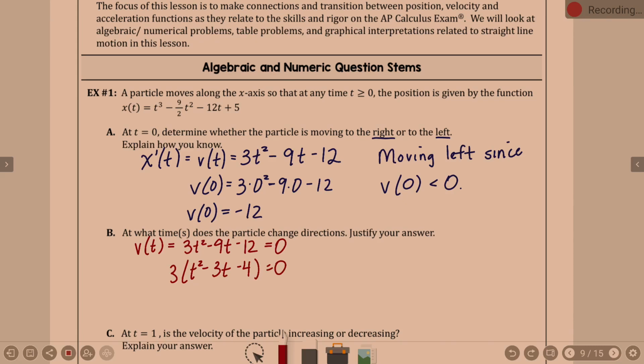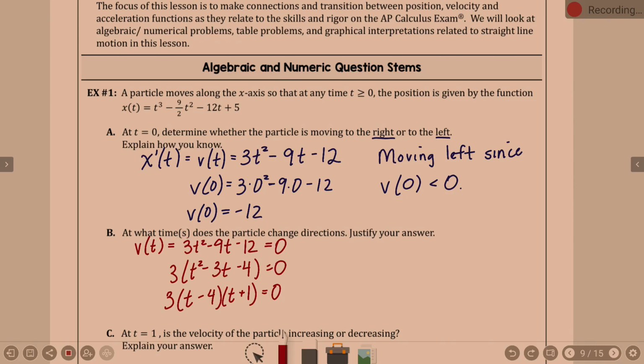Was getting rid of that 3 helpful? Yeah, because it factors now, doesn't it? It factors into t minus 4 and t plus 1. I might still have my 3 out front, but that 3 is not going to matter.